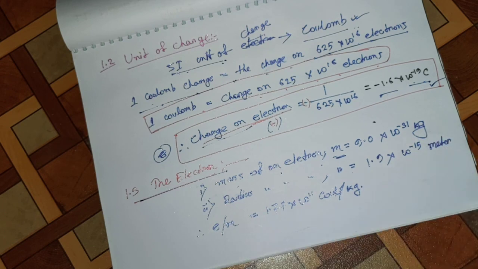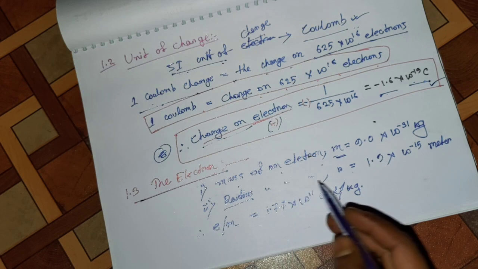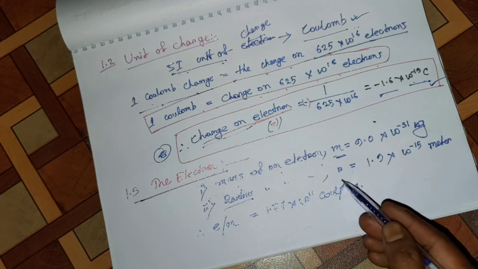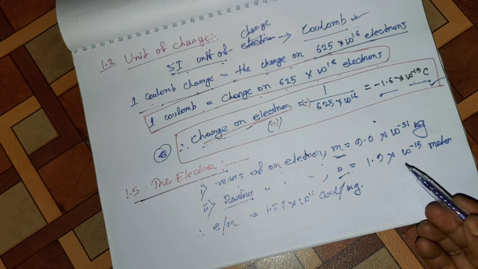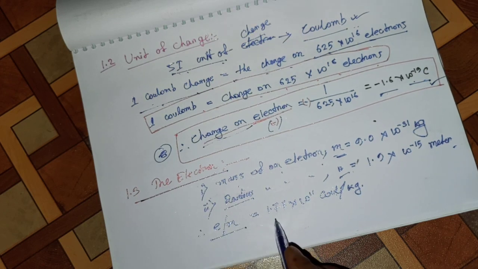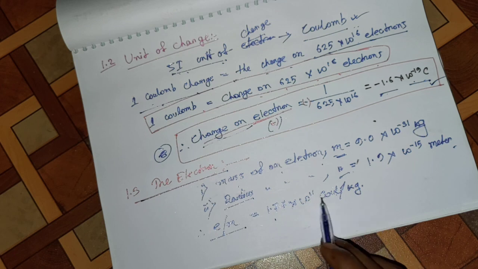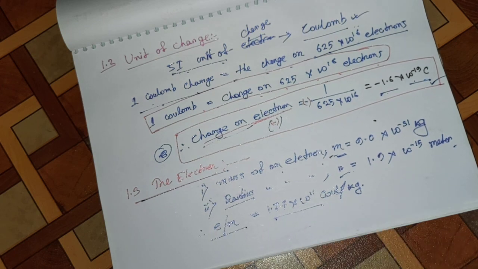All are SI units. The radius of an electron, denoted by r, is 1.9 into 10 to the power minus 15 meter. The e by m ratio comes as 1.77 into 10 to the power 11 coulomb per kg.